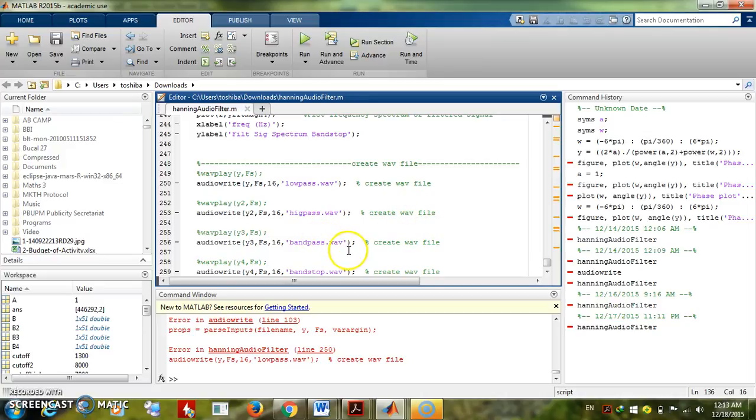For the bandpass filter, it only contains the frequency in between the range of the cutoff frequency. And for the bandstop filter, it only contains the frequency outside the cutoff frequency.